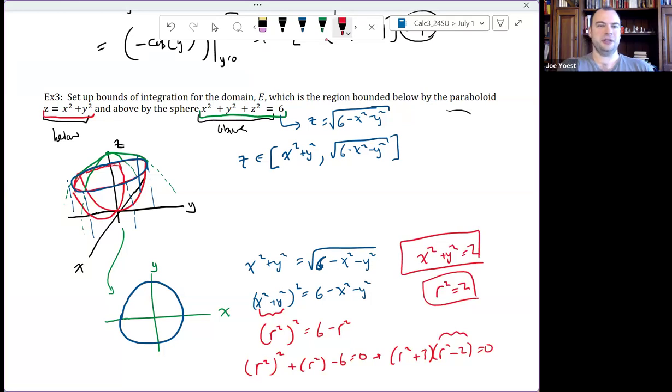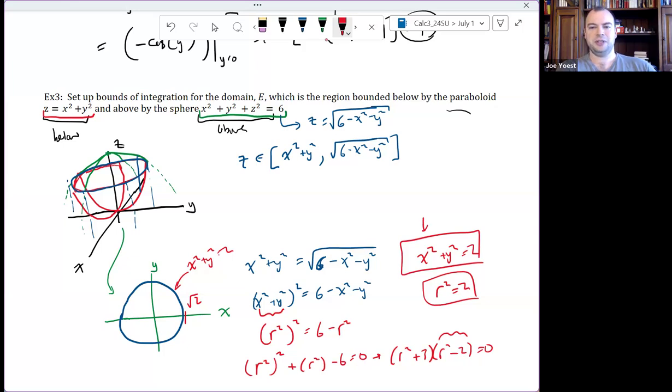I didn't officially change into polar coordinates, but I just recognized that this seems like a polar coordinate type problem. So I'm looking for making a substitution for x squared plus y squared as something else. And I note that I have x squared plus y squared equals 2, which is the circle with radius root 2, centered at the origin.